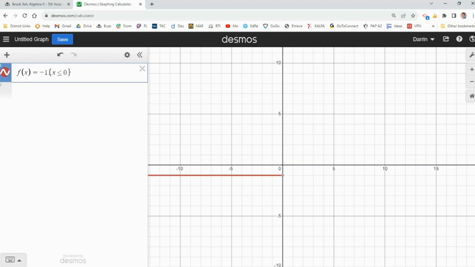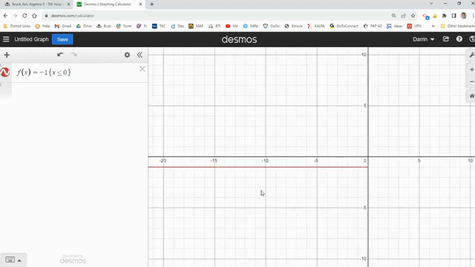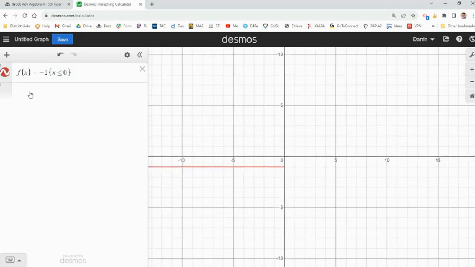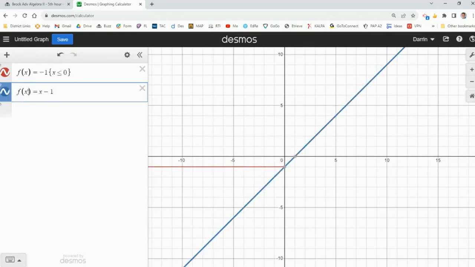Use those squiggly lines, see those curly braces? And we tell it only graph when x is less than or equal to 0 for this equation. So see, it stops right there at 0. But it's -1 everywhere, forever. So now we want to say f of x equals, and we give it the other piece, x minus 1. But again, let's use the braces and say this is only when x is greater than 0.